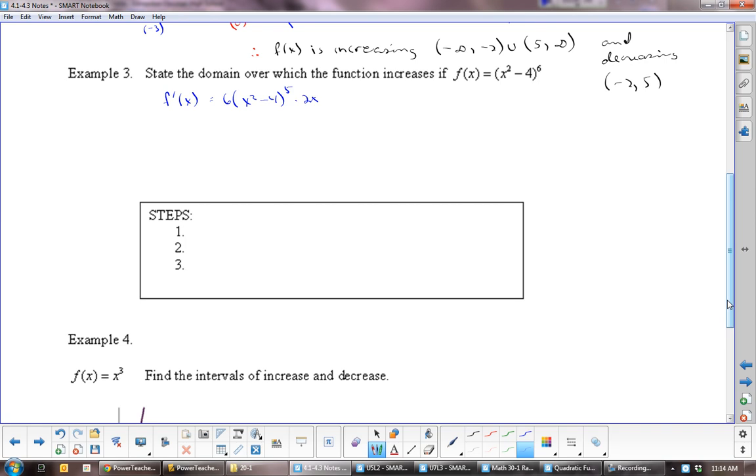Okay, so this equals 12x times x squared minus 4 to the 5. So what would make this equal 0? What are my CVs? The first one would be 0 and then plus or minus 2.